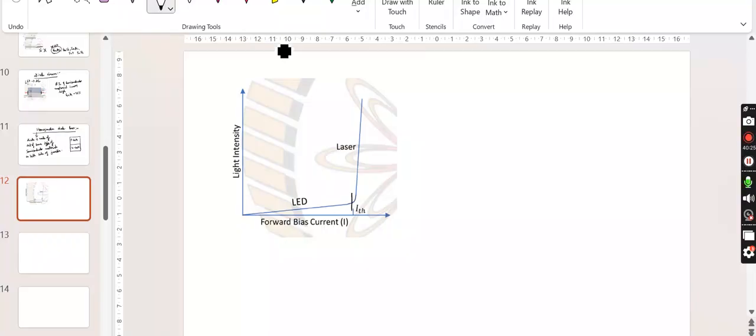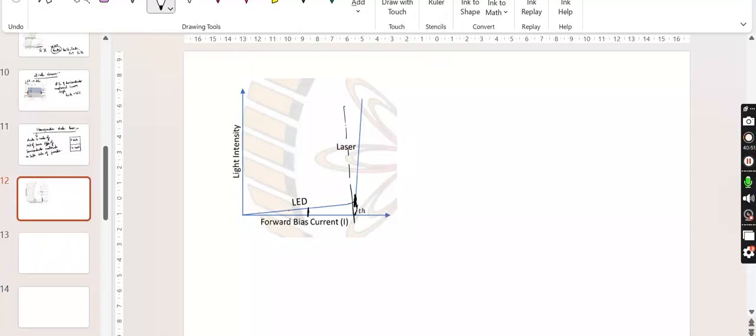So up to this point, this is basically the LED region, and after that, this is the laser operation region. The requirement of this threshold current is exorbitantly high for a homojunction, so this point is at a very high value.